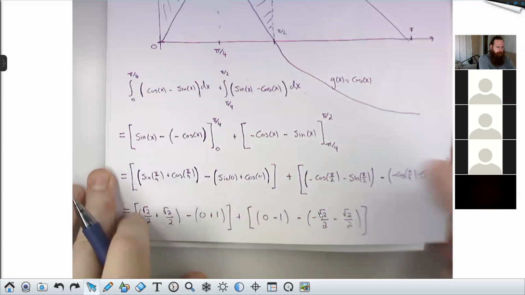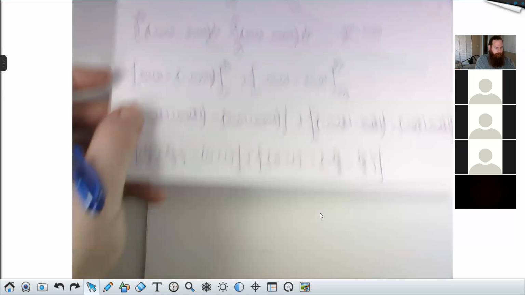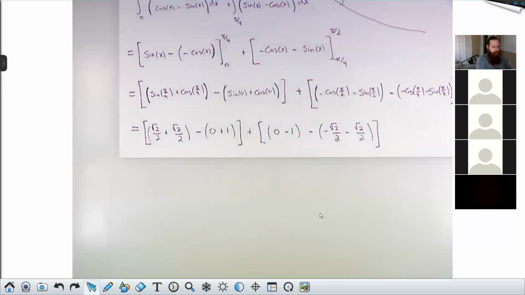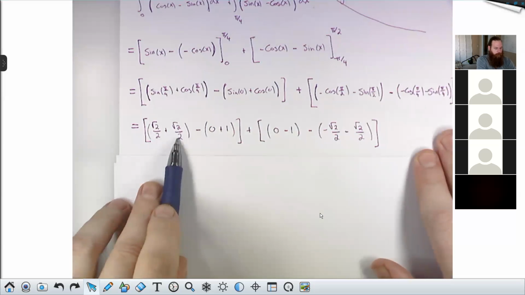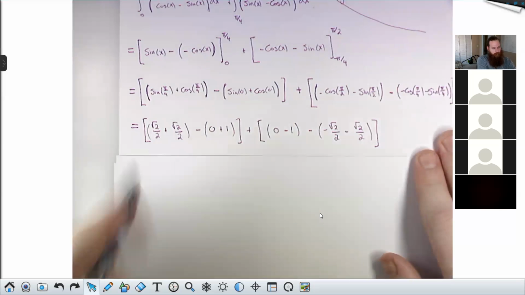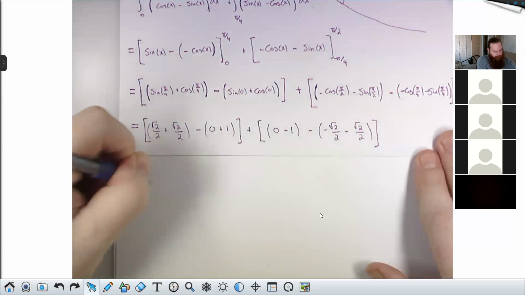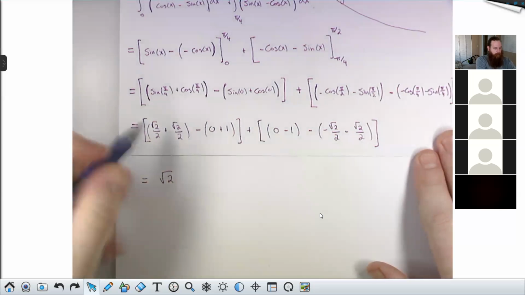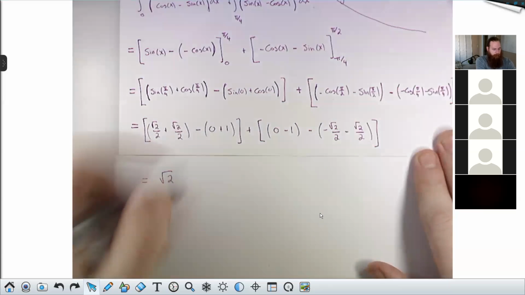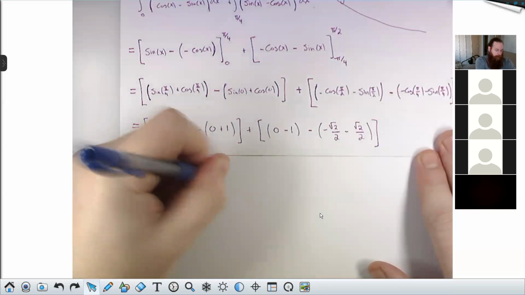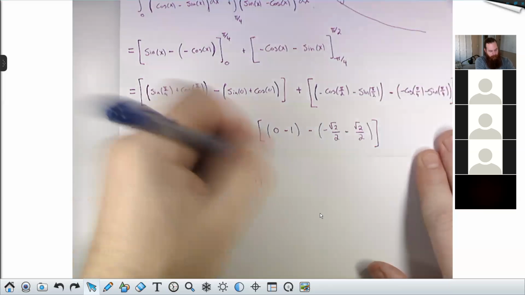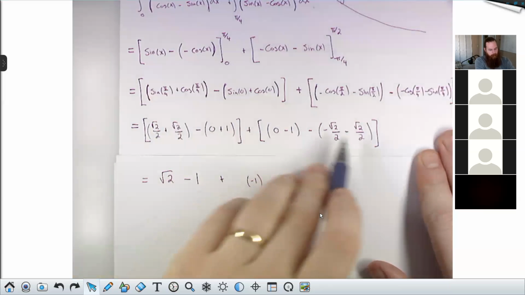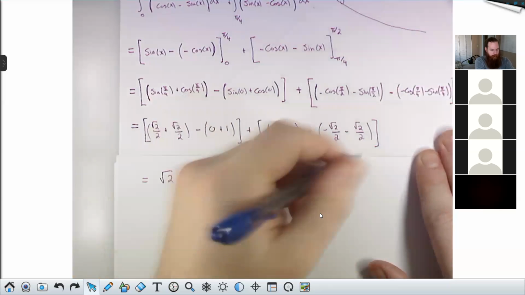So let's do that. It's not hard. Root 2 over 2 plus root 2 over 2 is 2 root 2 over 2, or just root 2. So this is root 2 minus 1 plus, this is negative 1 minus, this would be negative root 2.